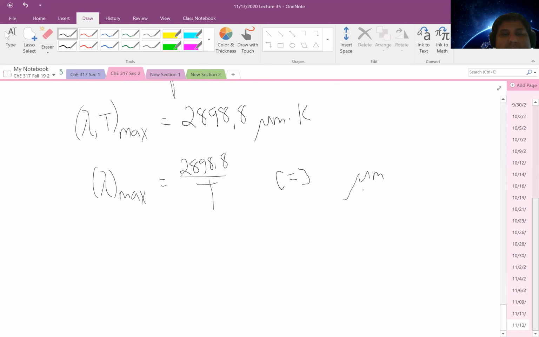So one of the things that we find that's interesting is that we have this log plot that shows the emission, E sub b lambda, as a function of temperature, right? So this is the Planck's law curve at temperature T. What we find is if we integrate or find the area under the curve, what do we propose we might obtain?